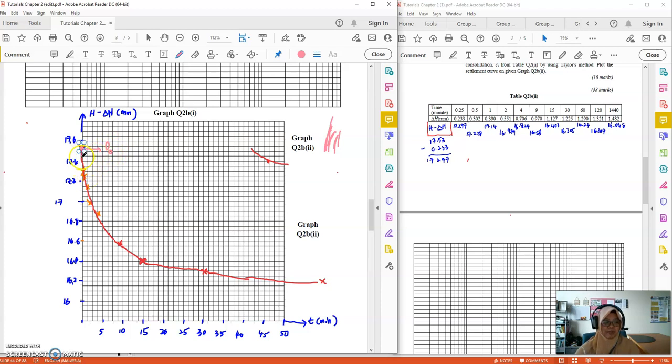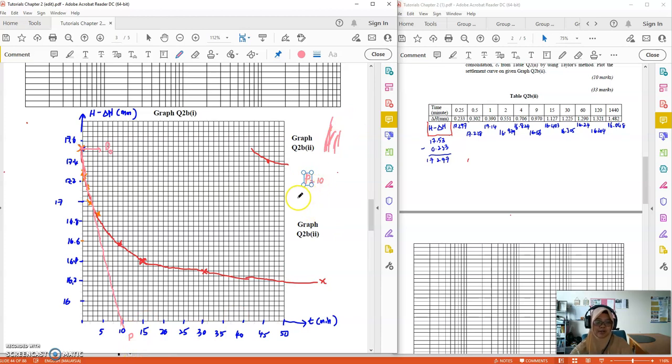So we need to draw a parallel line. Assume this is a straight line. I try my best to draw a line digitally. So you might cross over here. This is the P point. So for easiness, let us take P equal to 10.